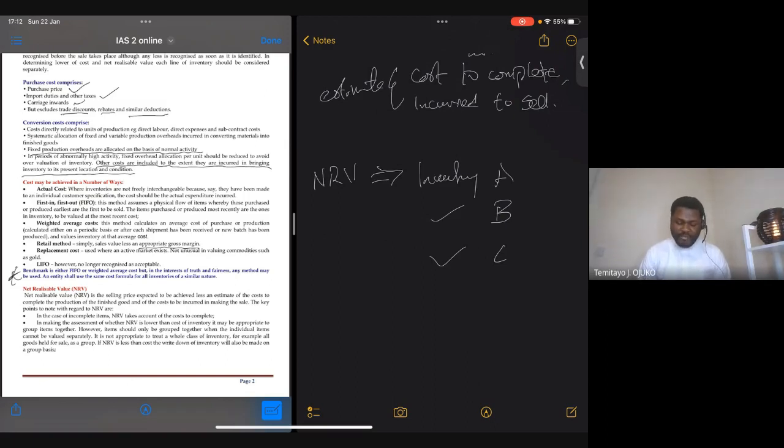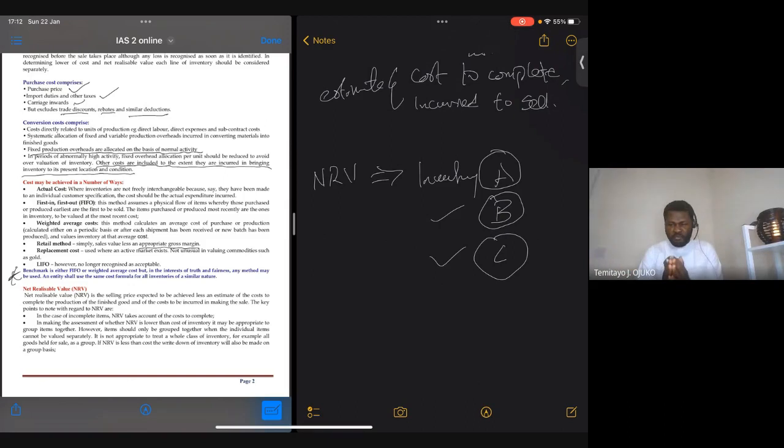In making the assessment of whether NRV is lower than the cost of the inventory, it may be appropriate to group items together. All inventory A, all inventory B, all inventory C.